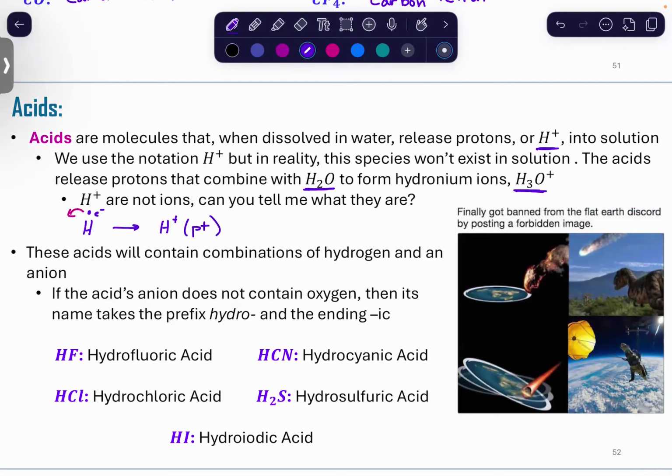It's just a proton. So a proton by itself can't be an ion. This is no longer an ion, it's particle radiation. So your H plus, we will use it in chemistry, we'll use it in chemical equations, but know that in reality they exist in their hydronium format.